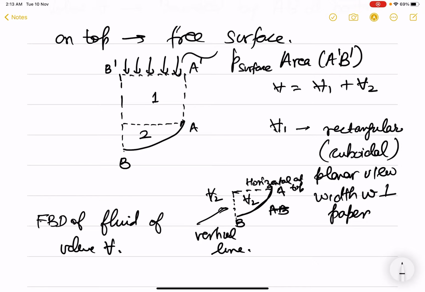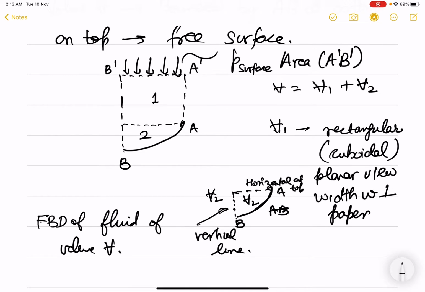And if we are looking at the gauge pressures, then gauge pressure will be 0. Now let me call this point as C.